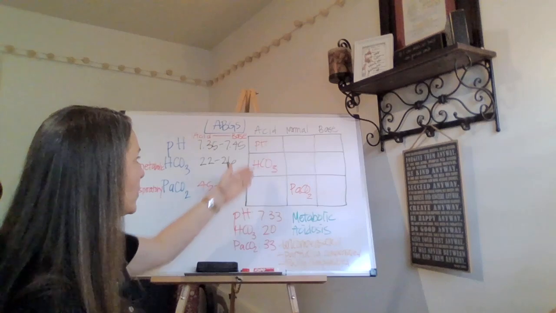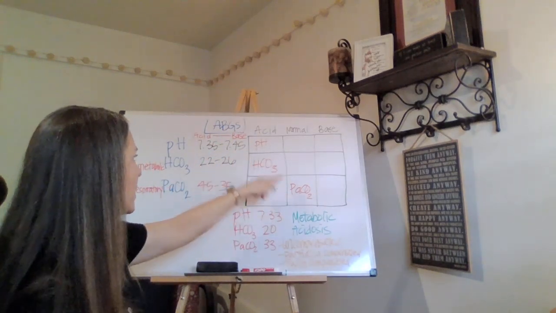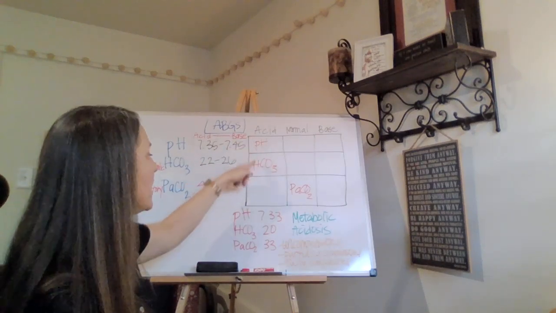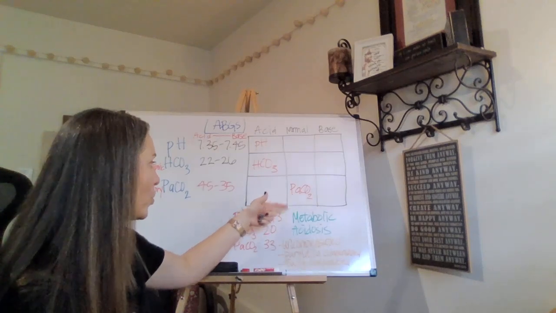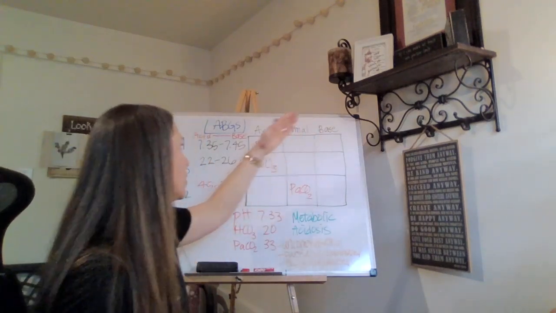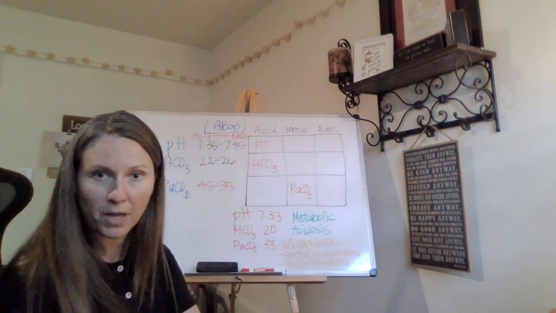That's also how we tell what lines up with the pH, whether it's respiratory or metabolic, and how we answer if it's respiratory acidosis, respiratory alkalosis, or metabolic with whatever lines up with the pH.